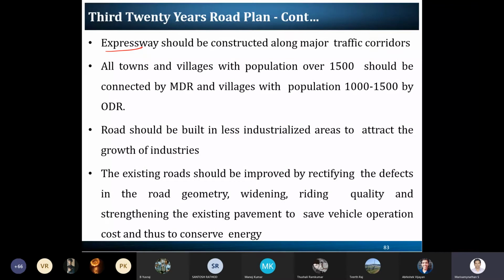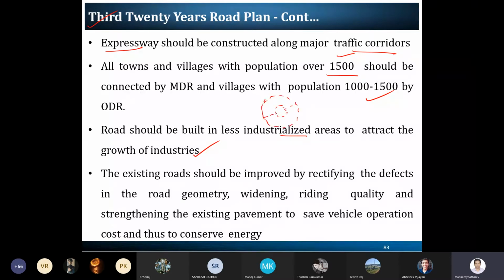The expressway is also considered along major traffic corridors that can be introduced in the third 20-year plan. They also came up with population criteria to connect to major district roads and other district roads: 1500, and 1000 to 1500. So this classification is slightly modified from the second 20-year plan. They also gave attention to less industrialized areas to attract the growth of industries. Initially there will be less attraction, but when the boom and growth happen, it expands, right?